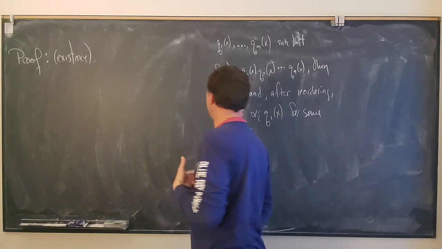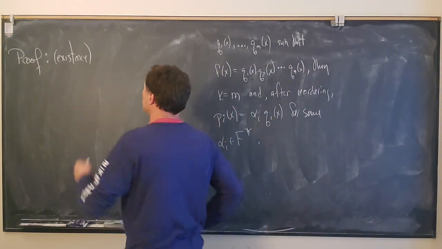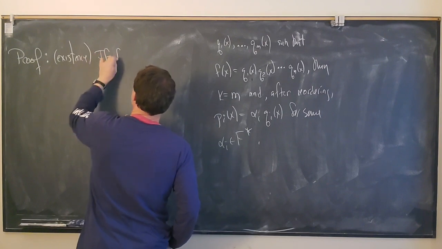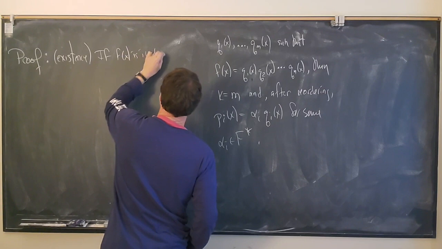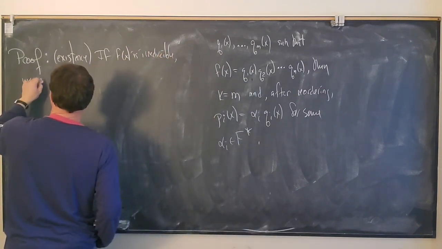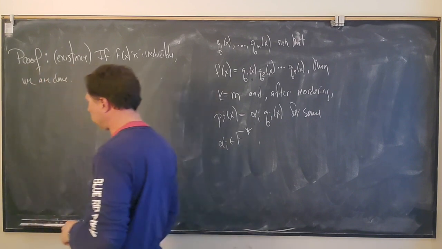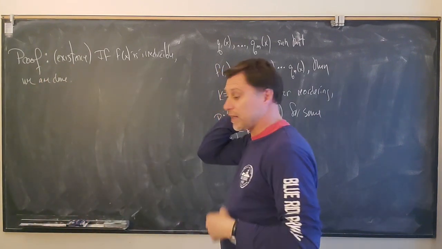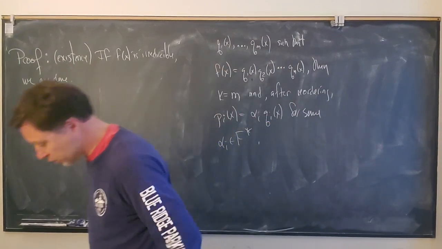We start off with f of x, and maybe f of x was irreducible at the beginning. So if f of x is irreducible, then we're done. If not, then we can express f of x as a product of a couple of polynomials whose degrees are both strictly less.